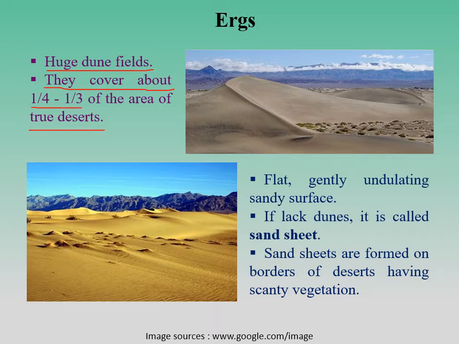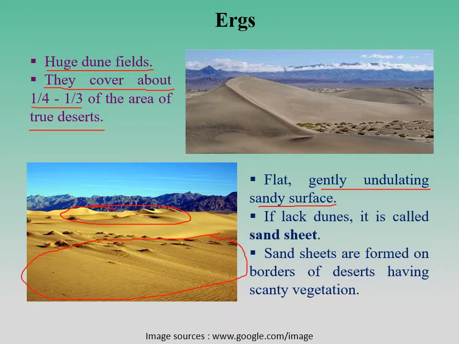In the peripheral part of these dune fields of the desert area, we find some gently undulating sandy surfaces. These sandy surfaces are found like an apron or sheet-like occurrence. In this picture you can see the dunes in the central portion, and in the peripheral part, here you can see a sheet of sand spreading with minute undulations.